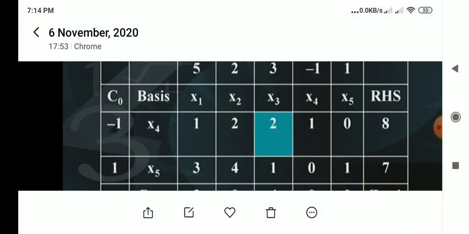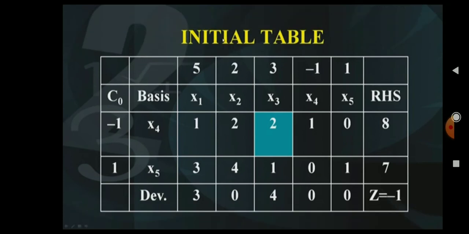So 8 by 2, which is equal to 4, and 7 by 1. Out of 8 by 2 and 7 by 1, the minimum one is 4, that is 8 by 2, and so the leaving variable will be x4. Now x5 will be there, and the entry variable will be x3. So the new basis will be x3 and x5 with the c0 as 3 and 1 as discussed earlier.